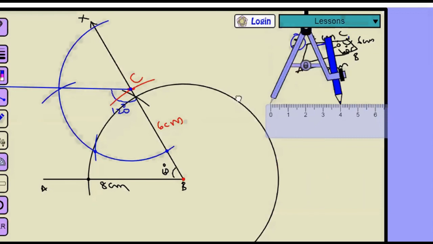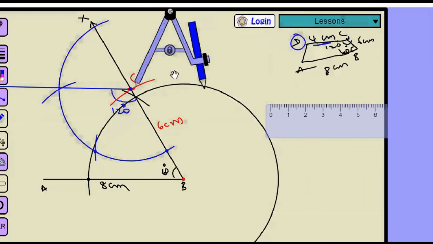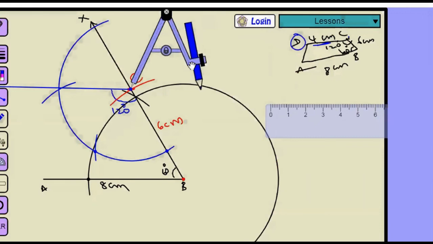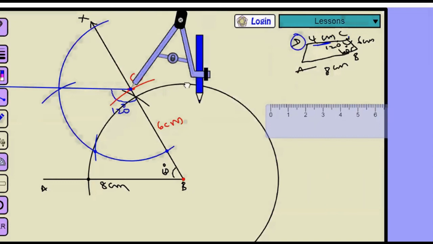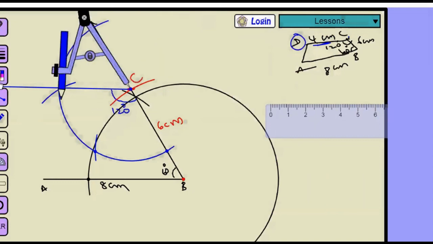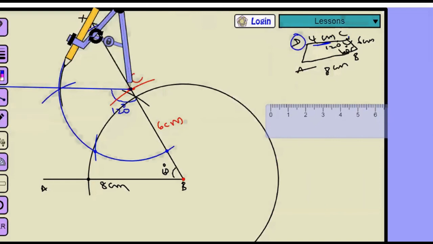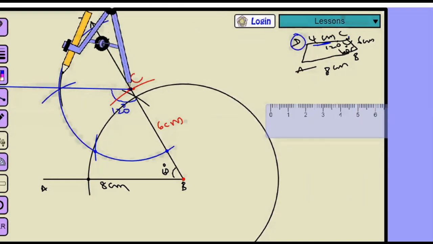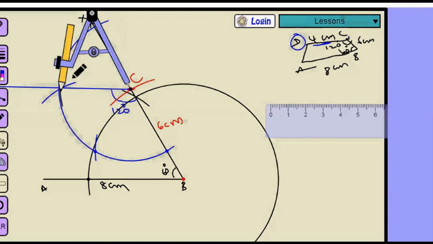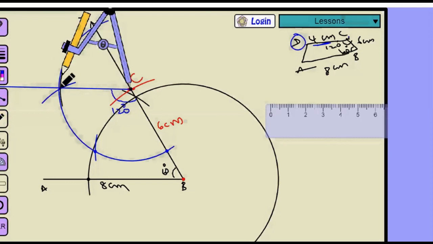Now C as the center and the radius 4 centimeters, draw an arc which cuts the previous ray CY at point D. Now here we got point D on this ray CY.